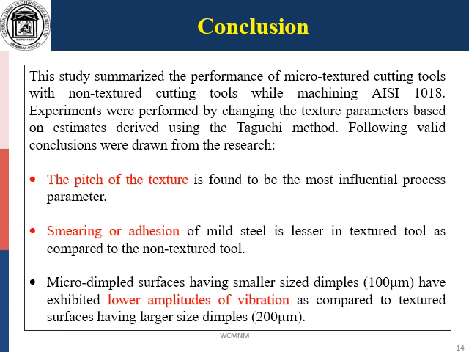The pitch of the textures is found to be the most influential process parameter. Smearing or adhesion of mild steel is lesser in the textured tool as compared to the non-textured tool. Micro-dimple surfaces having smaller size dimples have exhibited lower amplitude of vibration as compared to textured surfaces having larger size dimples.